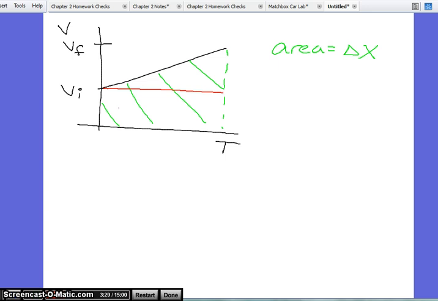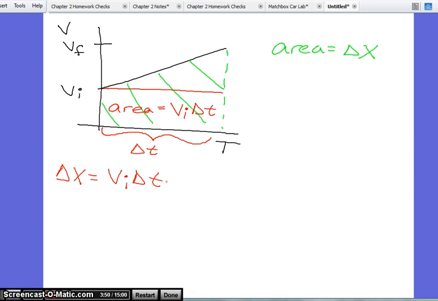We have the bottom shape, which is a rectangle, and that area is going to be the length times the width. So it's going to be vi times delta t. So delta x is vi times delta t. That's the area of the bottom part, the rectangle.